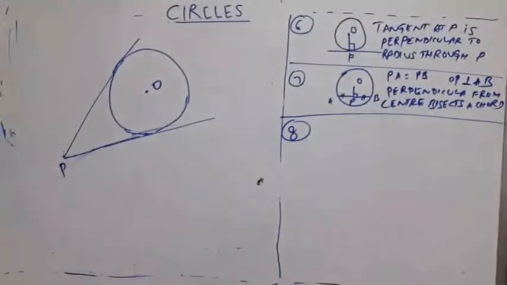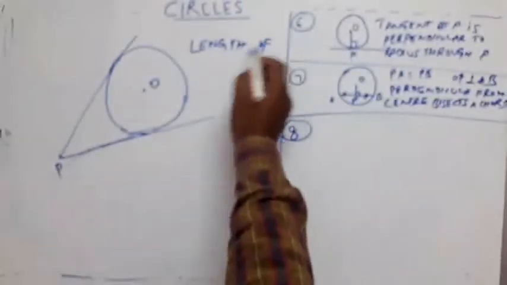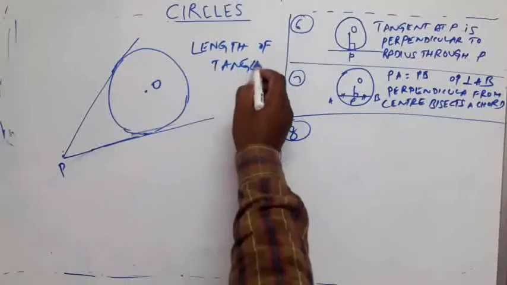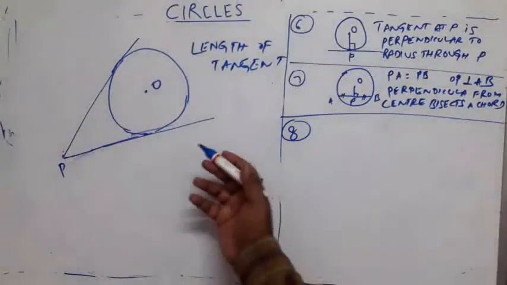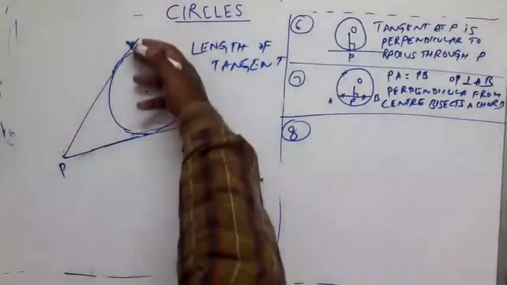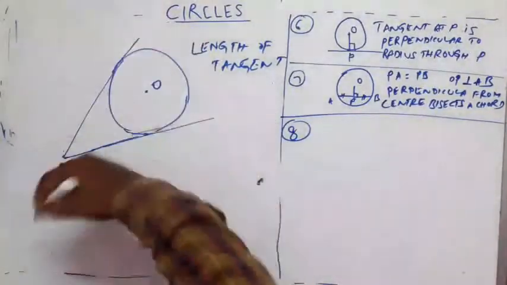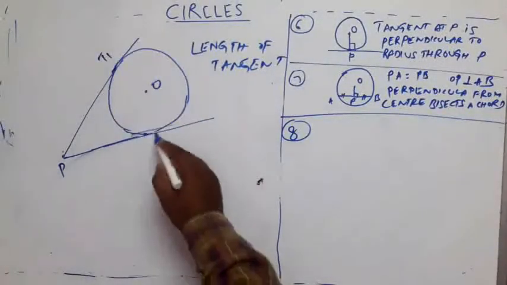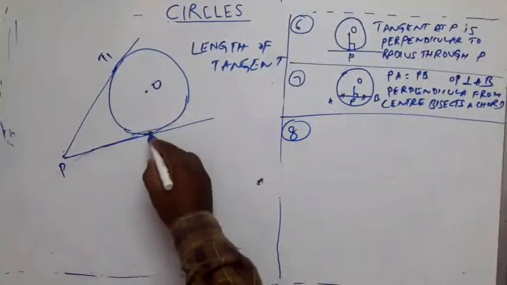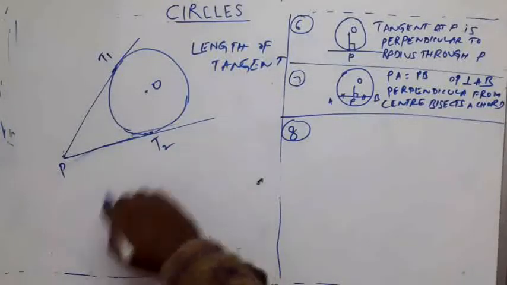Now see, here we are going to define one point. Length of tangent. This is a new one, right? See, we know tangent is a line which touches the circle at some point, right? Let us say this is point T1. This tangent is touching the circle at this point.